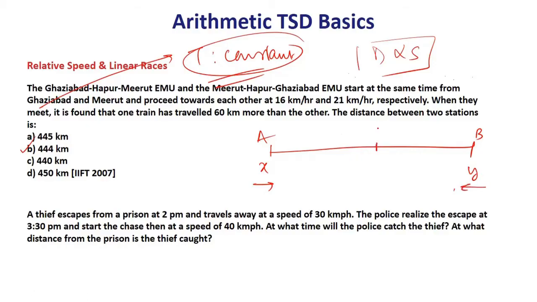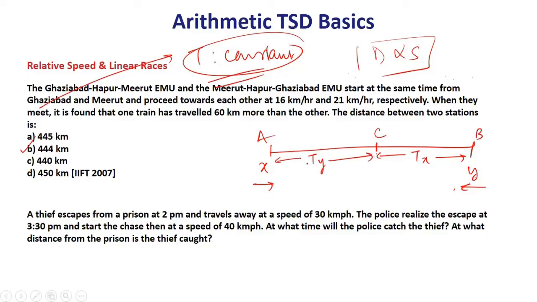Let's say they meet at a point C here. After meeting at the point C, this person traveling at x takes time Tx to reach B, and the person traveling at y, after meeting at the point C, travels the remaining distance at his speed, taking time Ty.